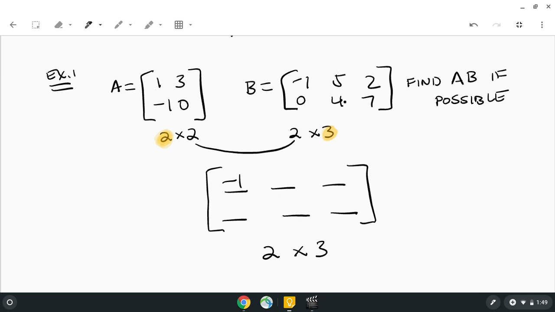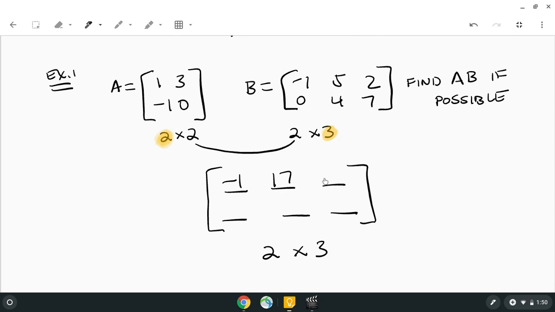When I look at the second column, I also have 2 elements. So I do the 1 times the 5. Hold that answer in your head. 1 times 5 is 5. 3 times 4, that's 12. So 5 and 12 is 17. So that's my answer over here. Okay?